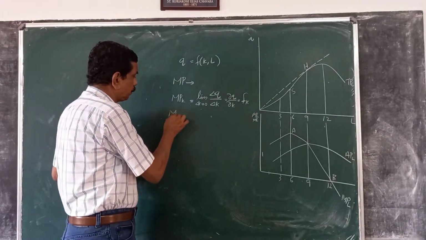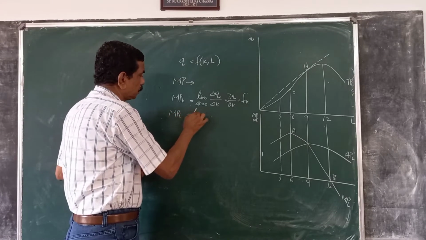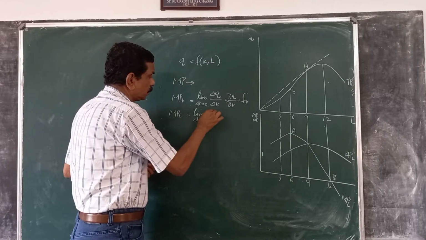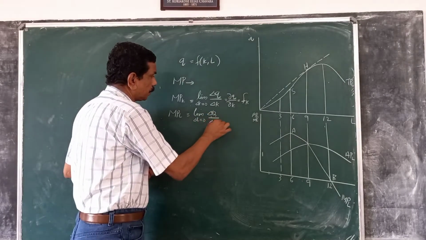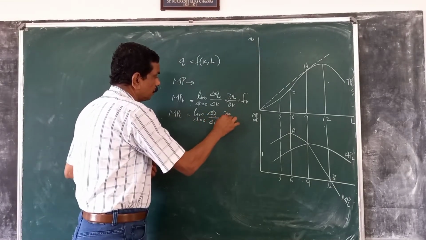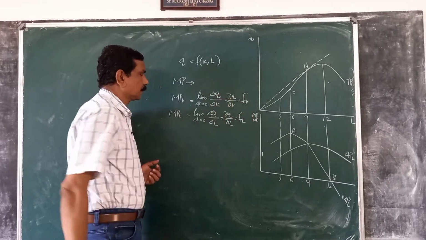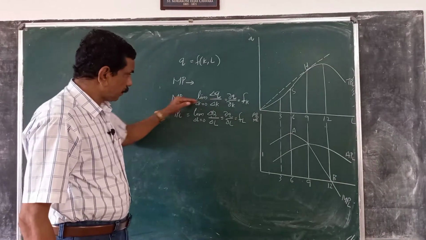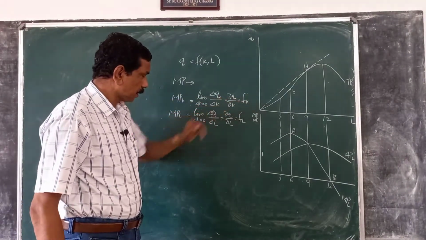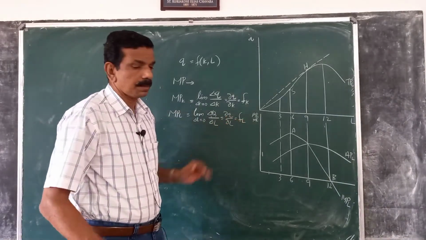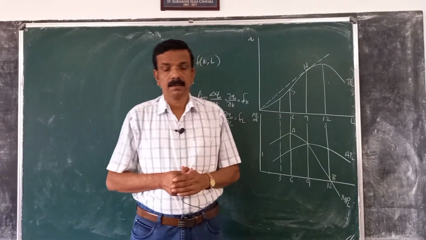Similarly, MPL is the limit, as delta L tends to 0, of delta Q by delta L, which is equal to dou Q by dou L, and we denote it as FL. If capital is the variable input, this is MPK; if labor is the variable input, this is MPL, FK and FL.